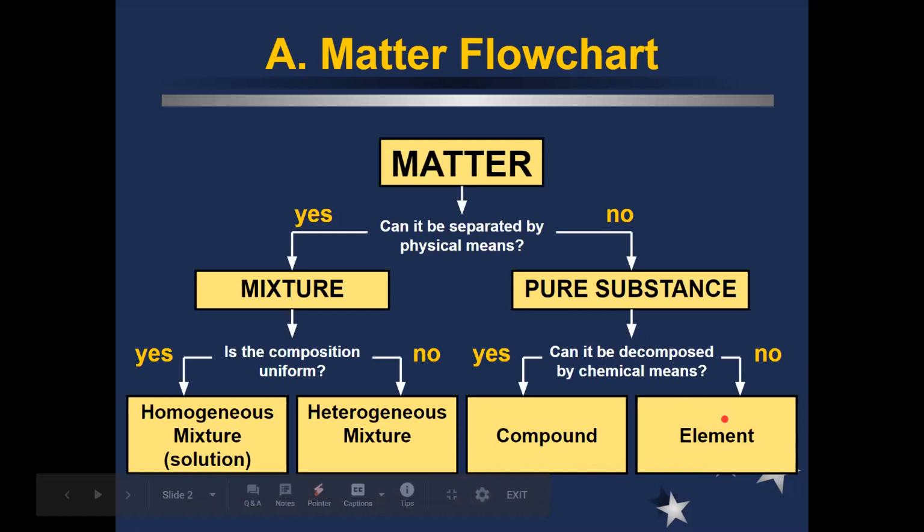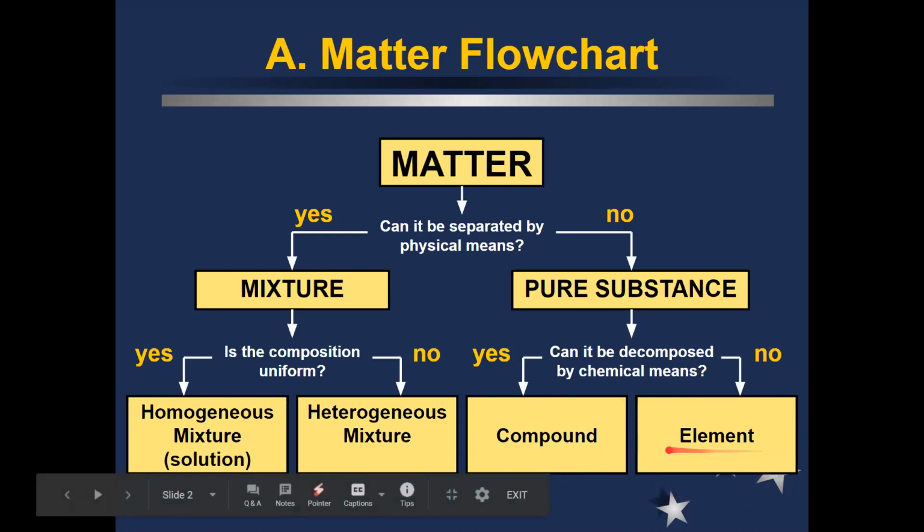So I'll talk about some more examples of these in a second, but if we think about what I was just talking about earlier, our pure water, so 100% water, that would be a compound because water, H2O, is 2 hydrogen and 1 oxygen atom all bonded together. So because we have different atoms in there, it is a compound. On the flip side, the oxygen in the oxygen tank that people use to help them breathe is purely an element.